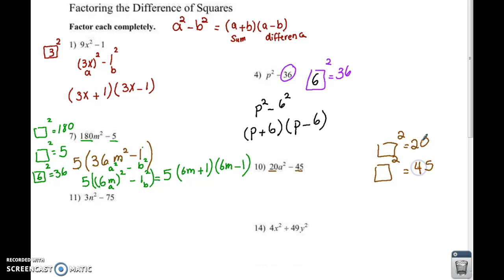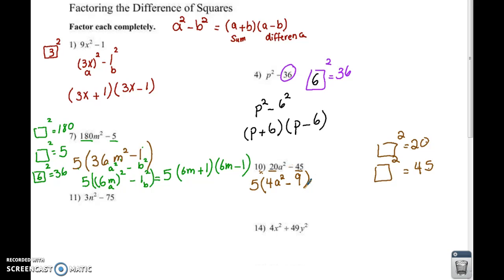What is the greatest common factor between 20 and 45? Again, it's 5. So if I factor the 5, 20 divided by 5 is 4a squared minus 45 divided by 5 is 9.